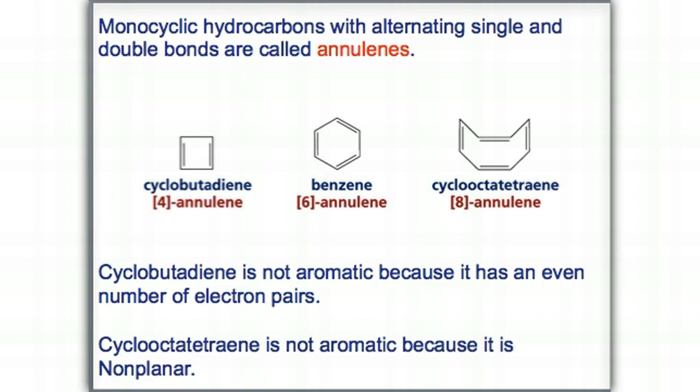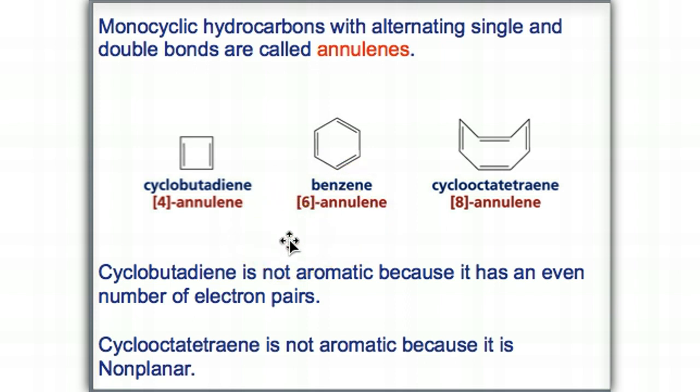Monocyclic, or just one-ring, hydrocarbons with alternating single and double bonds are called annulenes. A prefix in brackets indicates the number of carbons in the ring. You can see 4. There are 4 carbons in that ring of cyclobutadiene. Now, why are cyclobutadiene and cyclooctatetraene not aromatic?